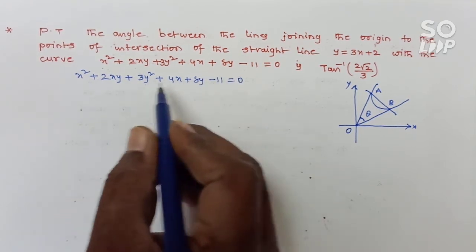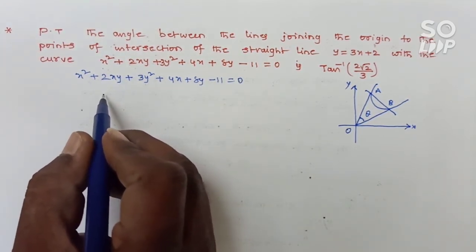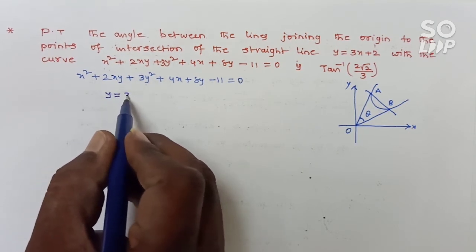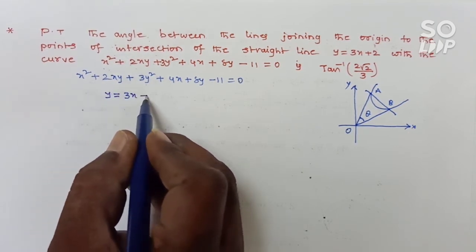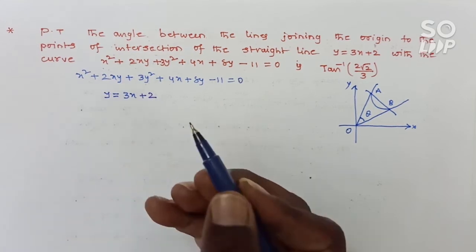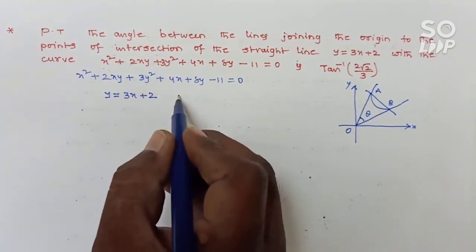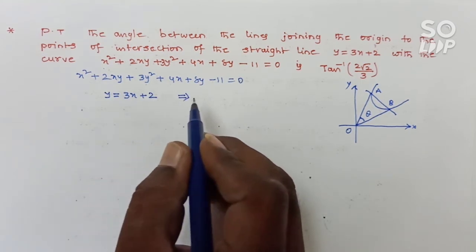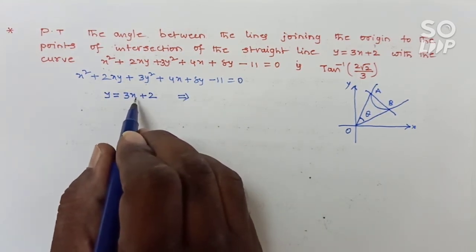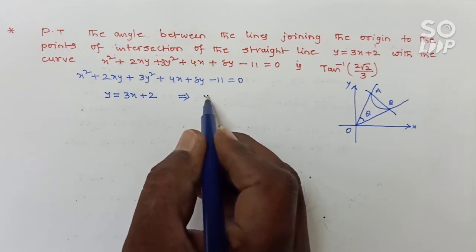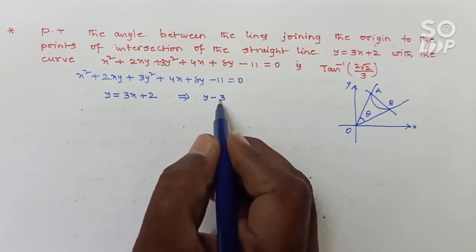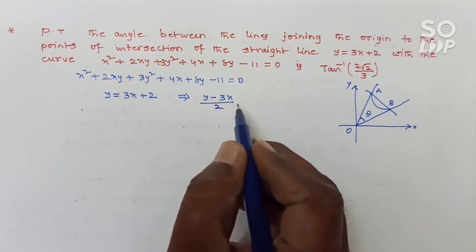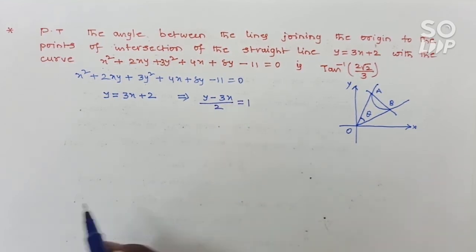Next, the given equation is y is equal to 3x plus 2. This one we have to convert: constant on only one side, and the remaining terms on the other side. So (y minus 3x) whole divided by 2 is equal to 1. Right?